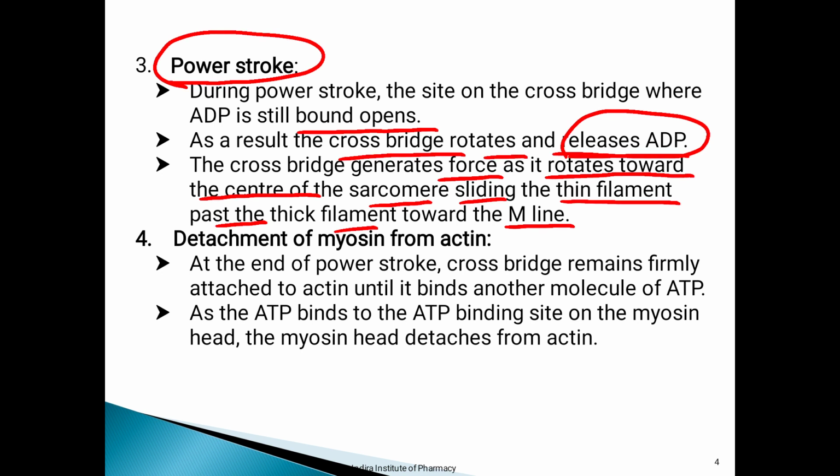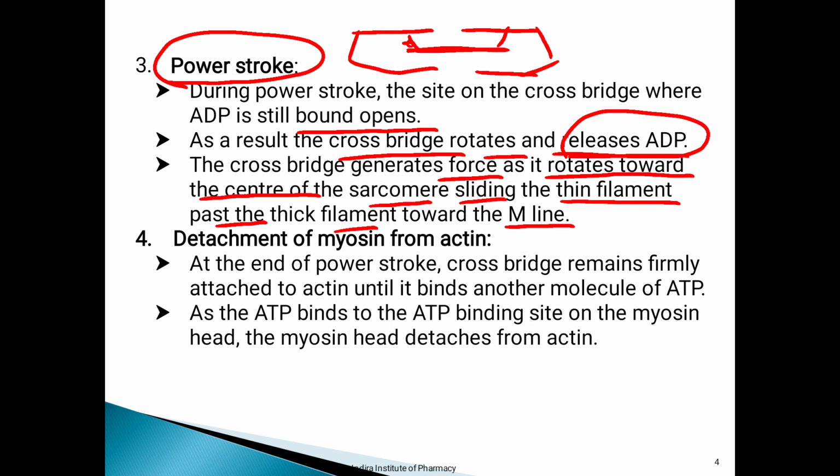So now this is your thin filament. Then we have this myosin. This is the myosin head. Now when it binds to this actin filament, just imagine the heads are binding to this actin filament and they are sliding.